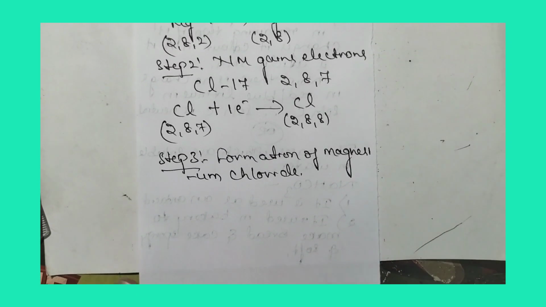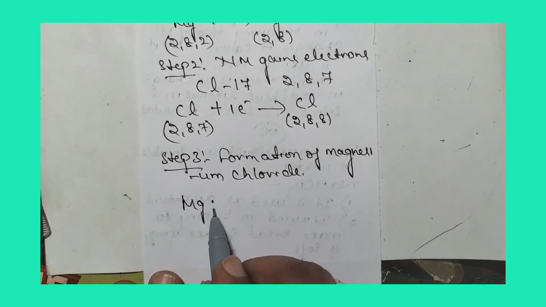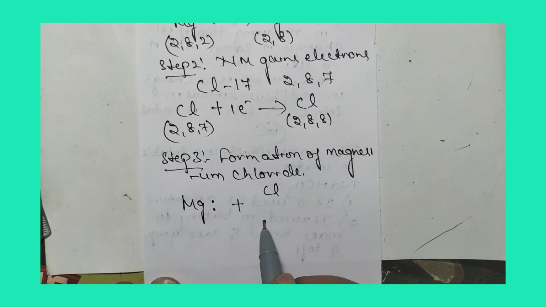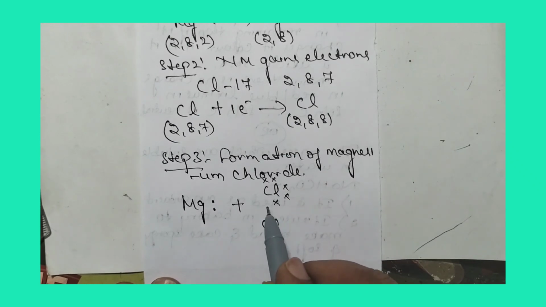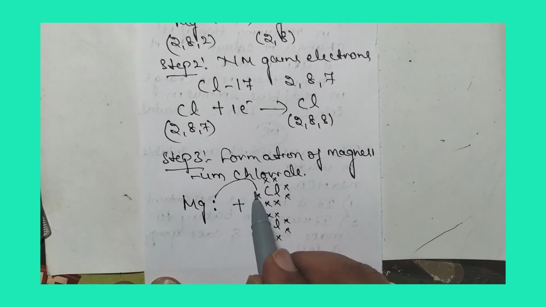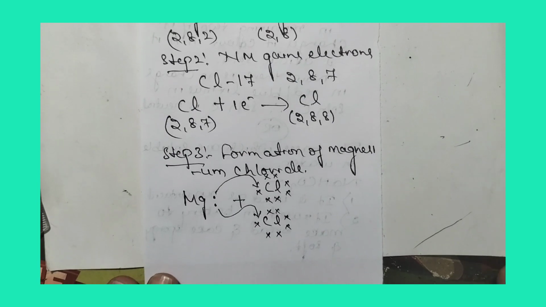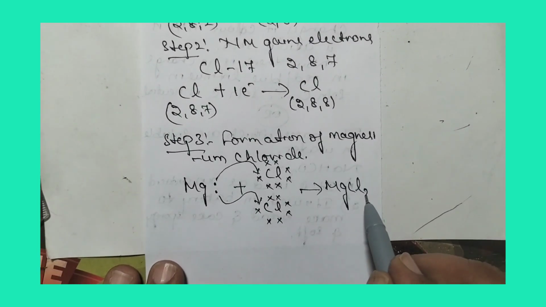Now magnesium loses 2 electrons. See here, the electrons from magnesium get transferred to chlorine. Each chlorine will receive 1 electron to become MgCl2.